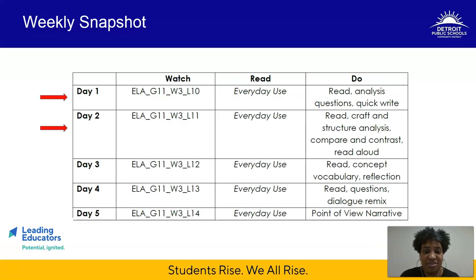We have been reading through Alice Walker's Everyday Use, and so far we've done another read and analysis of the text, responding to questions and doing a quick write, and we've started down our pathway of analyzing craft and structure.